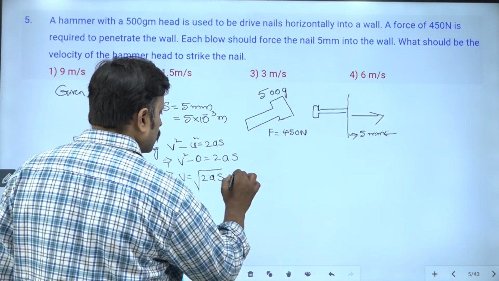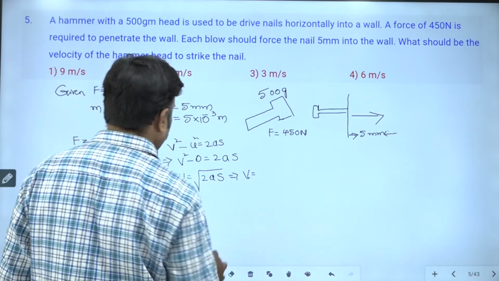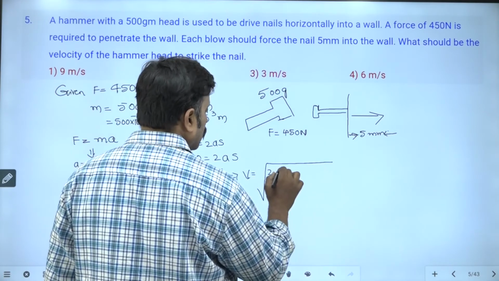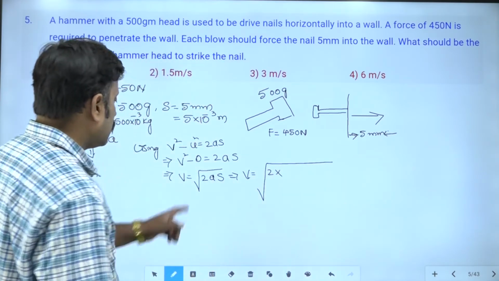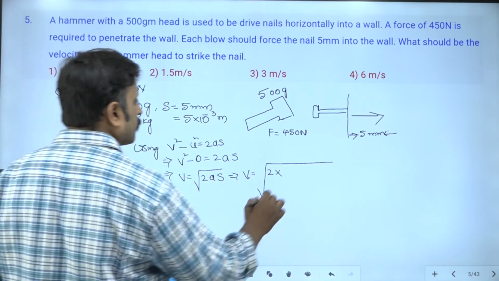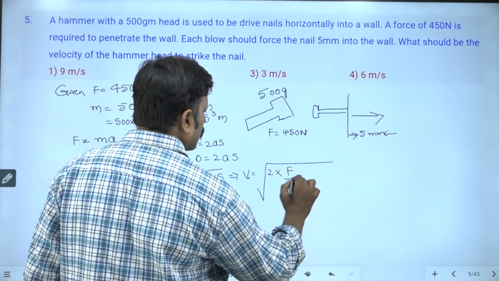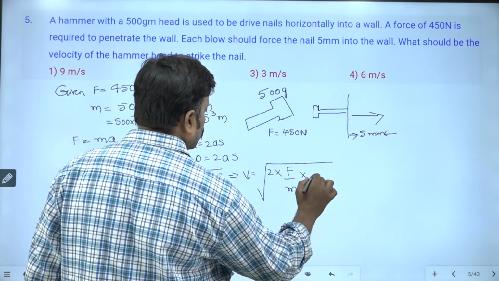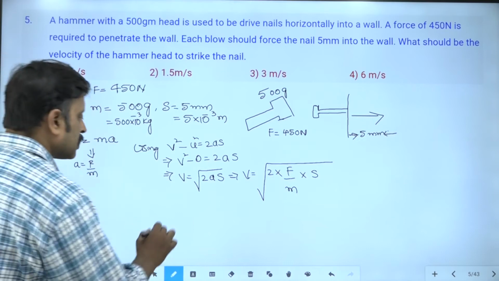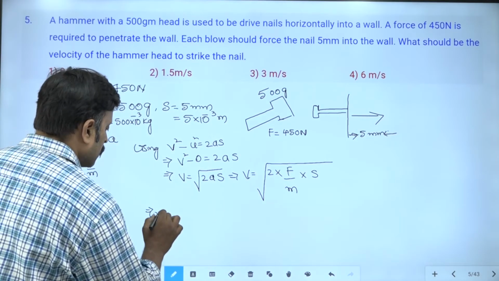Okay. So, see here, V is equal to root over 2 into, in place of acceleration, I am writing force by mass, into distance. Okay. Now substitute the values.